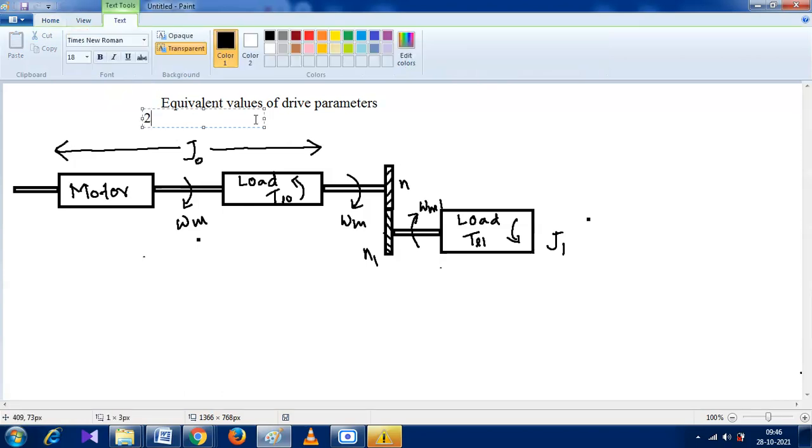The second case is load with translation and rotational motion.